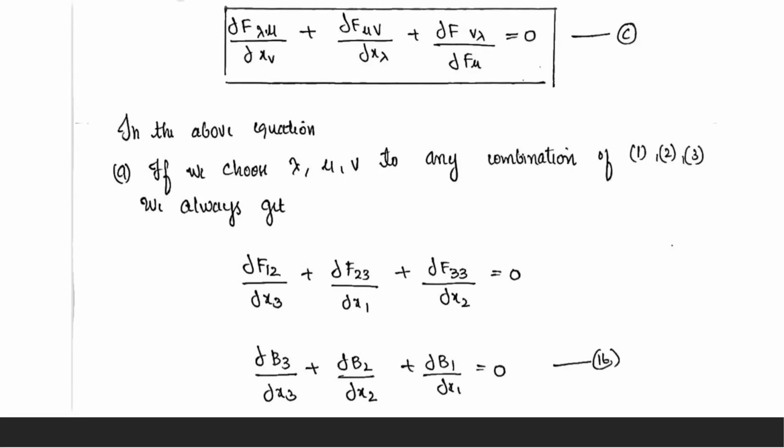Let's take this as equation number C. In the above equation, if we choose λ, μ, ν to be any combination of 1, 2, 3, we always get ∂F12 by ∂x3 plus ∂F23 by ∂x1 plus ∂F31 by ∂x2 is equal to 0. Then ∂B3 by ∂x3 plus ∂B2 by ∂x2 plus ∂B1 by ∂x1 is equal to 0, which is equation number 16.